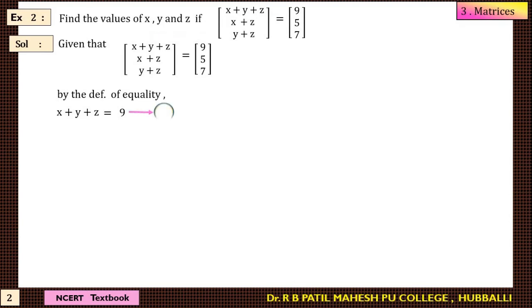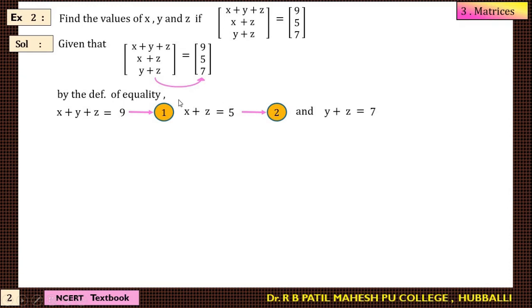You take this as equation 1. In the same way, equate x plus z to 5. That means you write x plus z is equal to 5, and take this as equation 2. And in the same way, for the third row, y plus z is equal to 7.